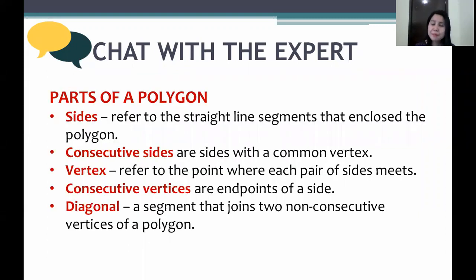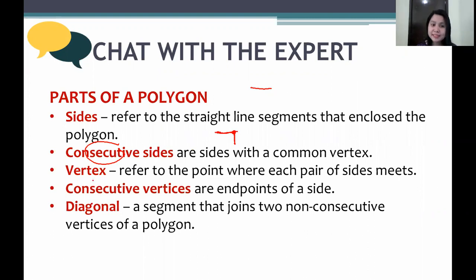Now, what are some parts of a polygon? If you say side, it's the straight line segment. If you say consecutive sides, consecutive means sunod. So for example, if this is a side, consecutive sides are 2 sides with a common vertex. It means they are next to each other.